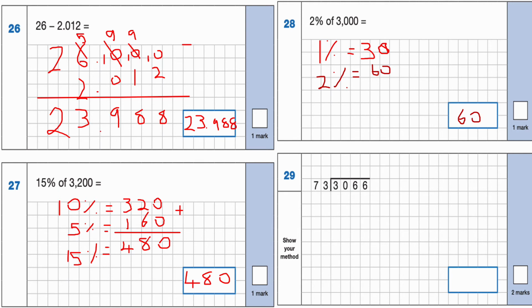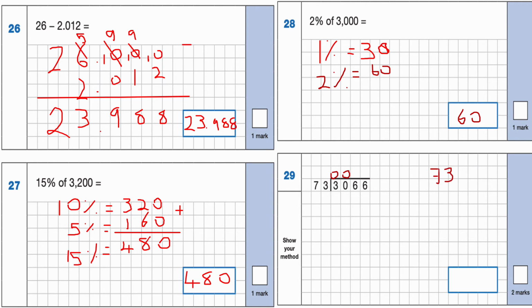Okay, question number 29 is dividing using the bus stop method. So it's a bit more trickier. 73 into 3 I can't do. 73 into 30 I can't do. 73 into 306. Well, let's try and work this out, guys. So I've got 73.